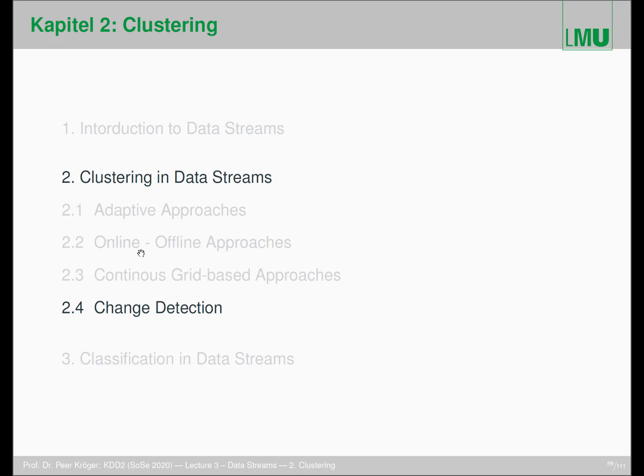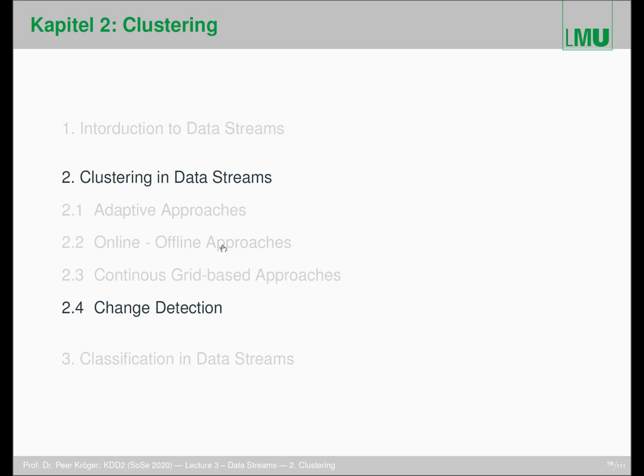Then we had some kind of offline-online approaches where we have a two-step approach, the online phase, which is the stream maintenance or the stream processing, where summary structures, so-called microclusters, are maintained as the stream evolves.